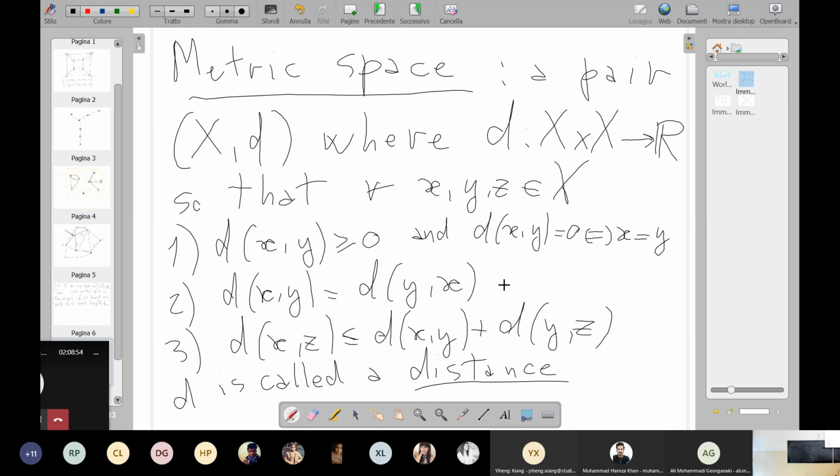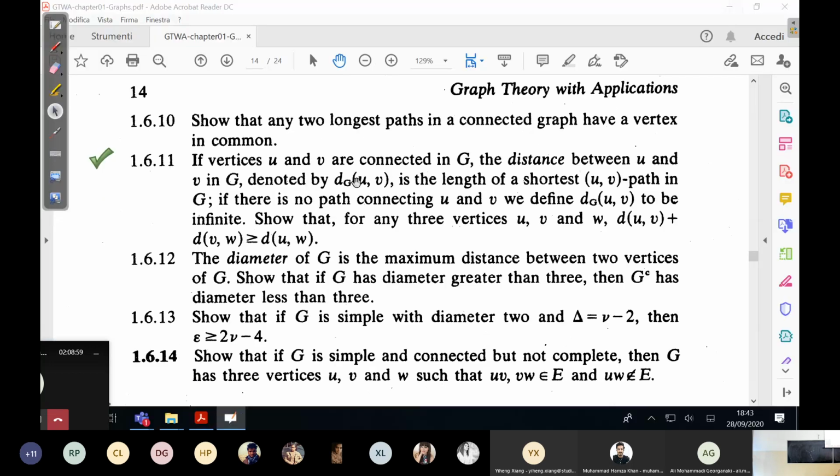And we'll see that in a graph we can have a distance, which is this. If vertices u and v are connected in G, there is a path between u and v. The distance between u and v, which we denote by like this, is the length of a shortest uv path in G. If there is no path connecting u and v, we define this distance to be infinite.